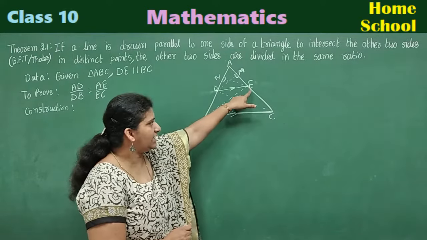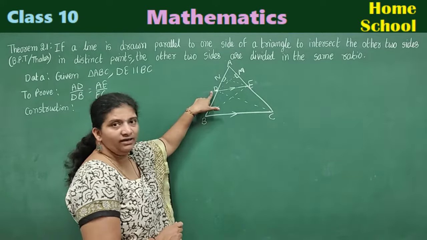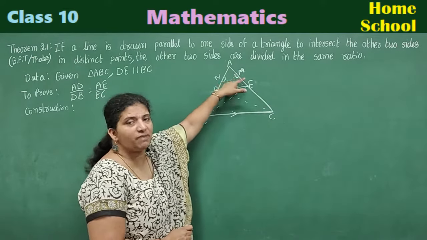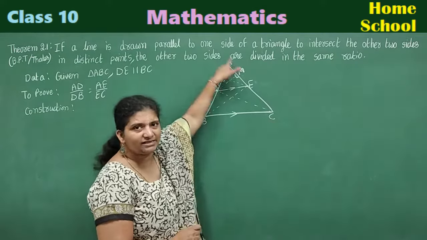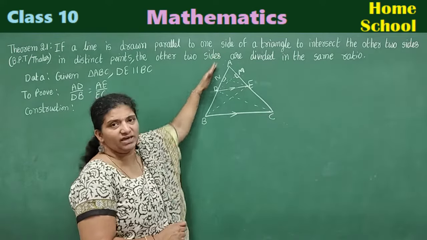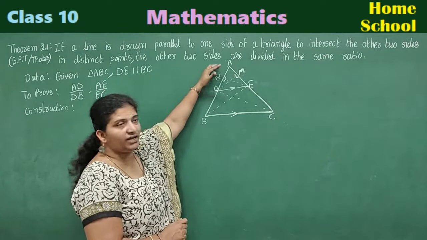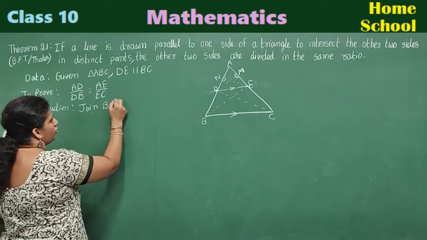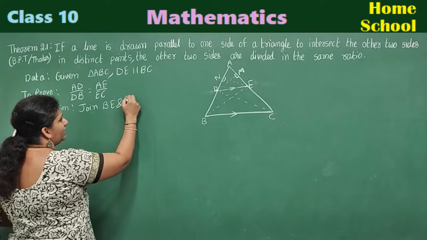Join BE, join CD and DM. DM is perpendicular to the line AC. EN is perpendicular to the line AB. See here, this is a perpendicular on this complete side. Join BE and DC.